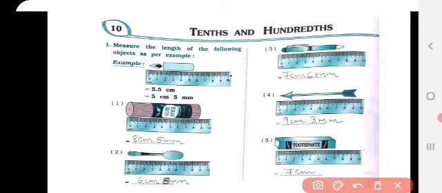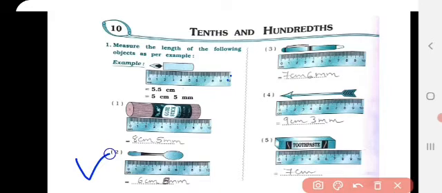Second is the spoon. Again, you can see from 0 it starts and it ends on the whole number 6, but after 6 also it is extending its length. So you can check, it is not 5.